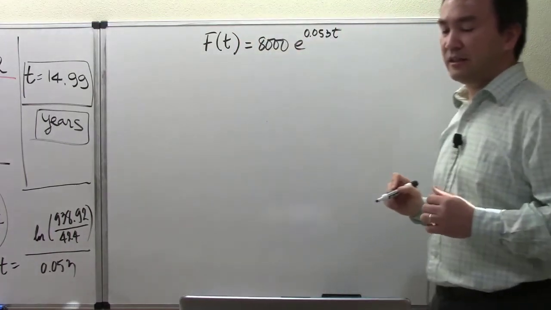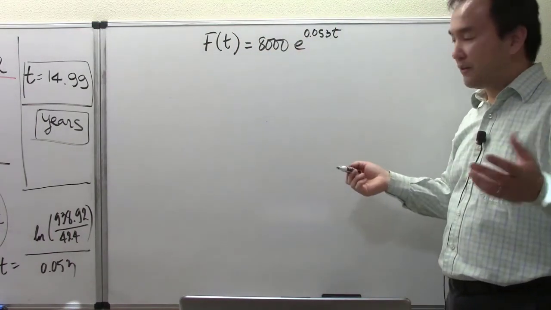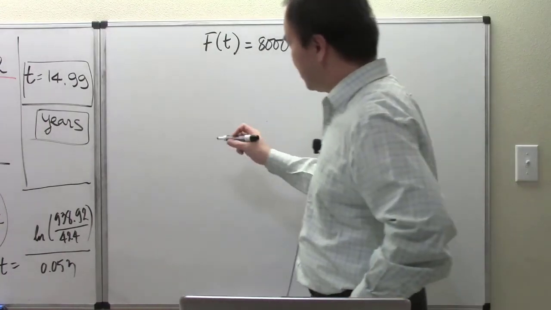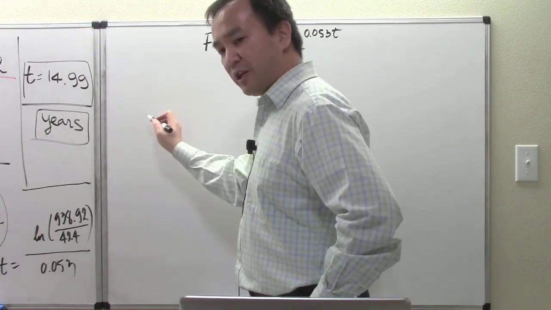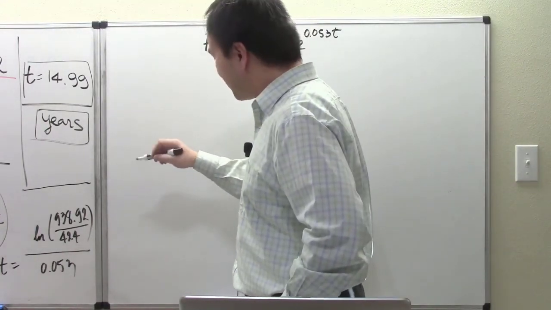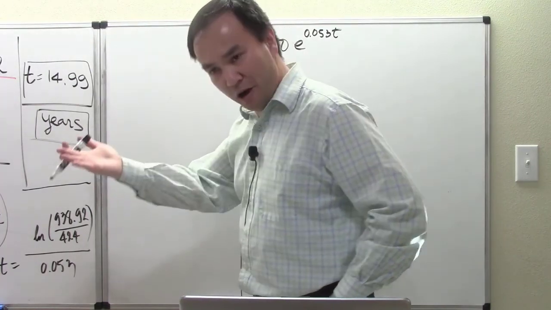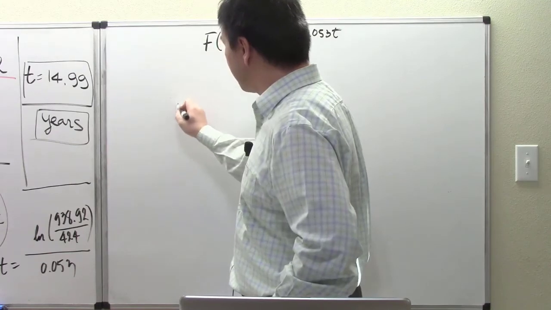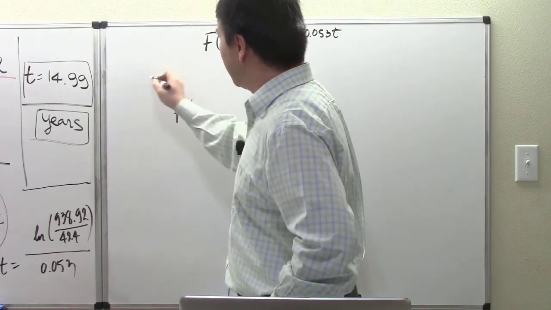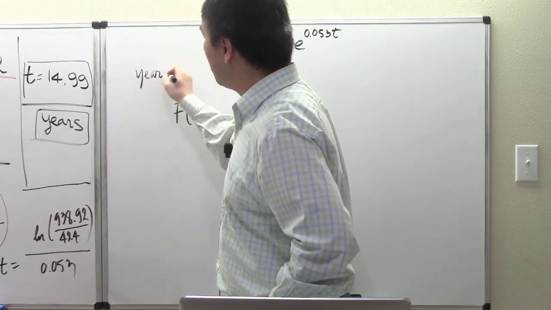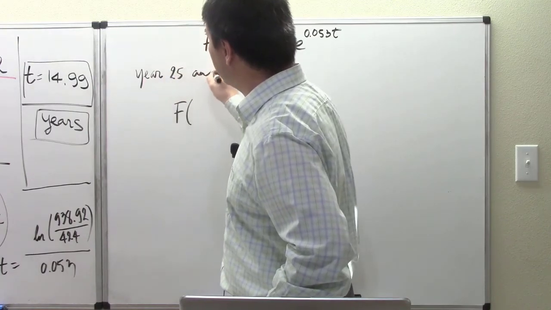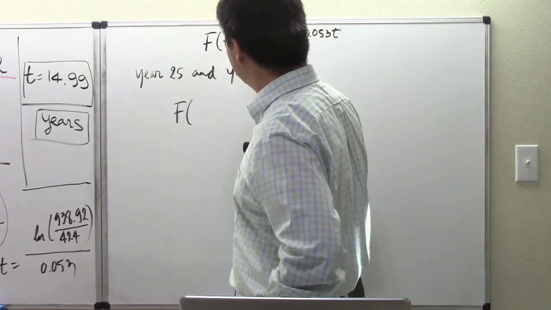That's our future value modeling function. Average rate of change, as recalled from our general discussion video lecture and from your algebra understanding, needs a final value, and here it's between year 25 and year 27.